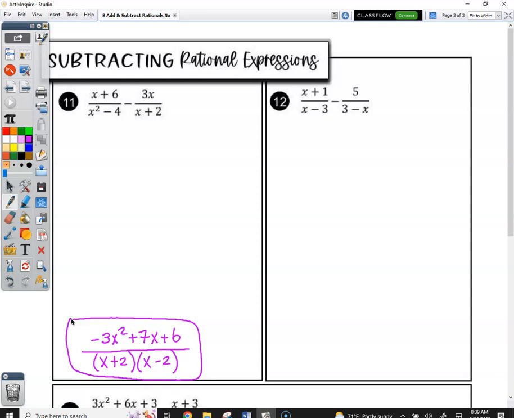Now, if you try 11 and you can't get to this, I bet it's because it's right here. Subtracting. Which means that once you figure out what needs to be multiplied in the top, when you carry this down, this is subtracting.